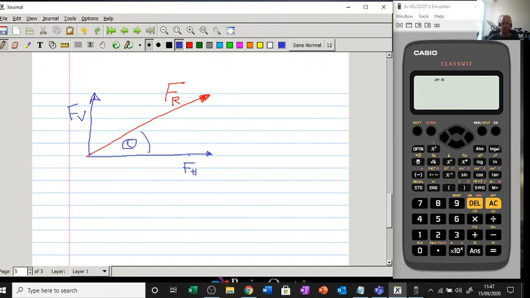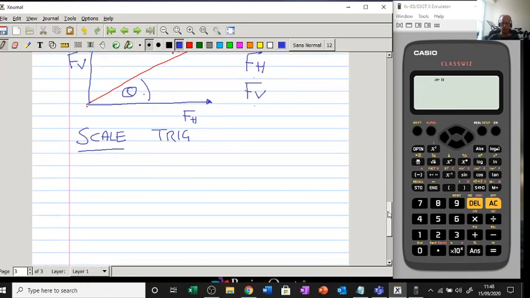So this resultant force is a resultant of this horizontal and this vertical. Now we can work these out. We can work out the horizontal force, and we can also work out the vertical force, as long as we've got this and we've got the angle. Now you can scale draw it. If you drew that line at the length and with the angle, you could do it that way. But we're going to use trig because it's a bit more accurate.